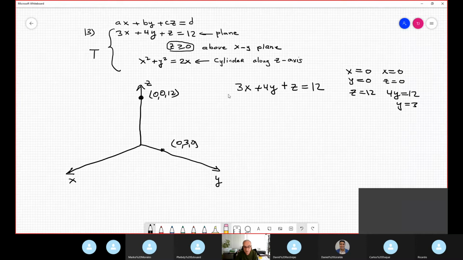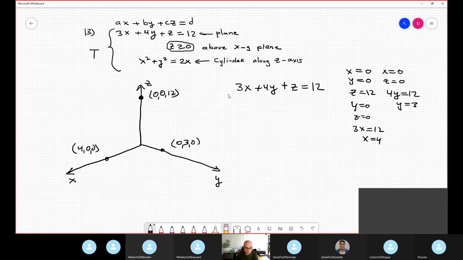And likewise, if y is 0 and z is 0, the equation we have is 3x equal 12, so x is 4. And the point here is 4, 0, 0.